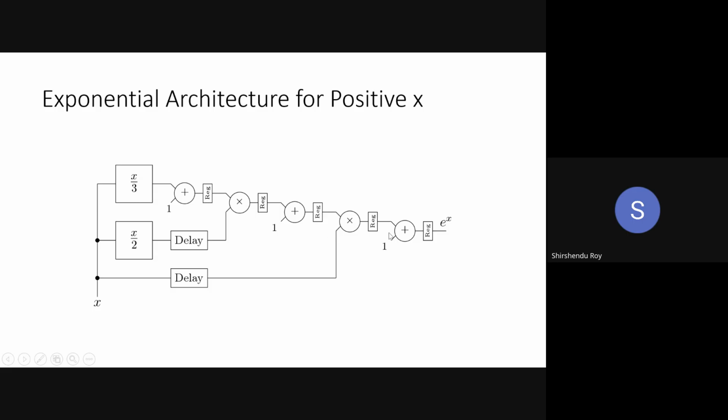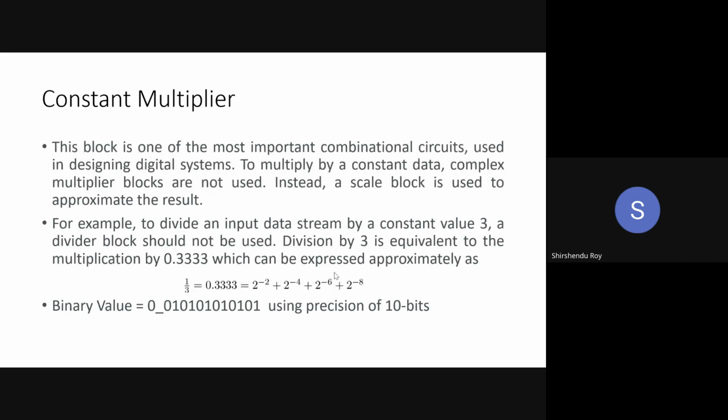The multiplier and adder we already explained. So x by 3 we can achieve by a constant multiplier. We will discuss what a constant multiplier is. This is one of the most important combinational blocks, used to multiply any data by constant numbers.